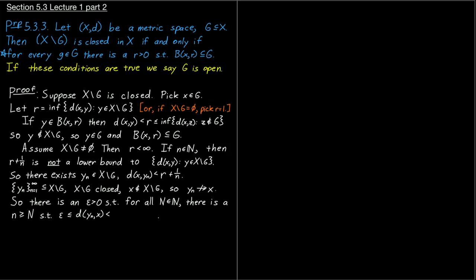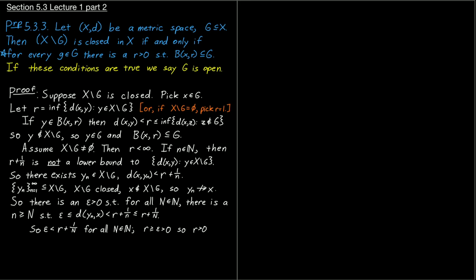But the distance from y_n to X, that we assumed was less than R plus 1 over little n. And because little n is bigger than big N, this is at most R plus 1 over big N. So we've got that epsilon is less than R plus 1 over N for all N. And you can check that means that R is at least epsilon, which is positive.